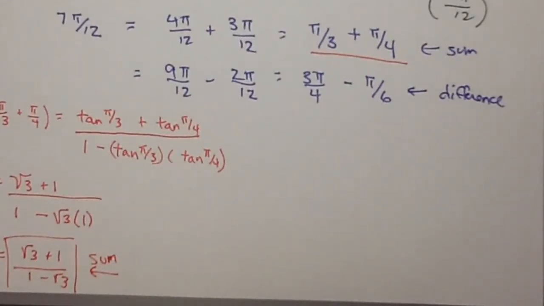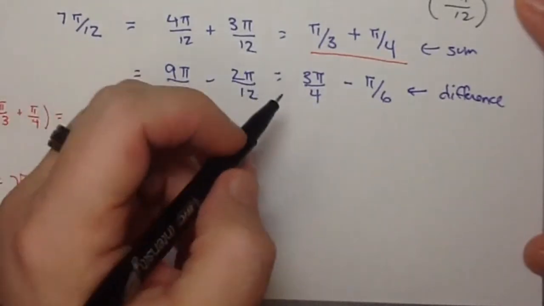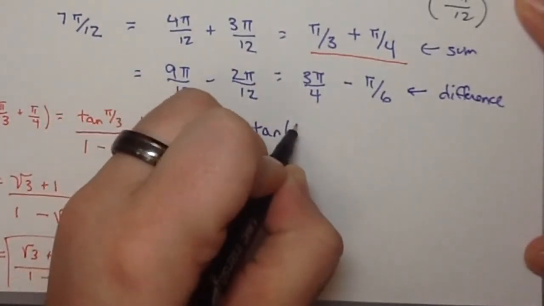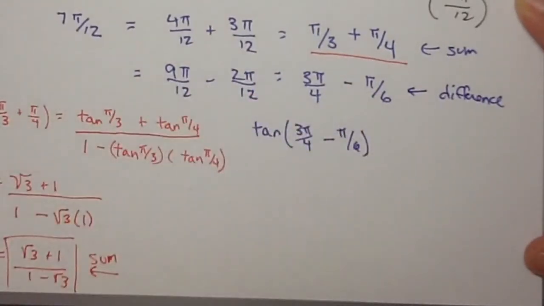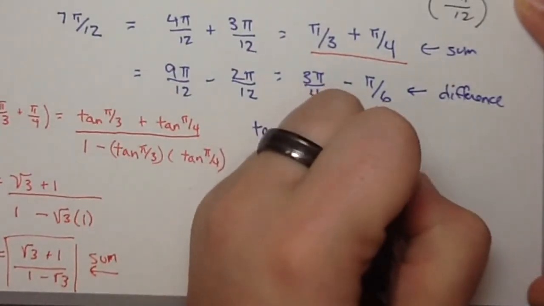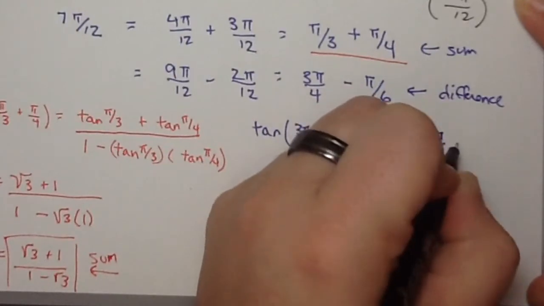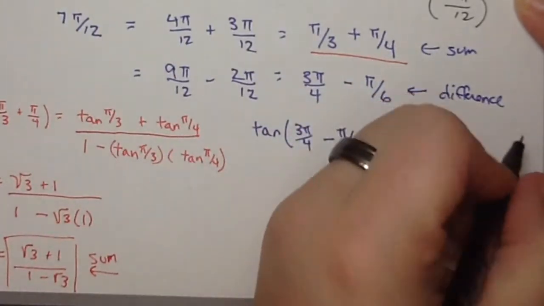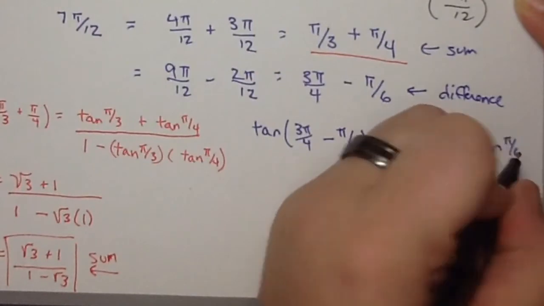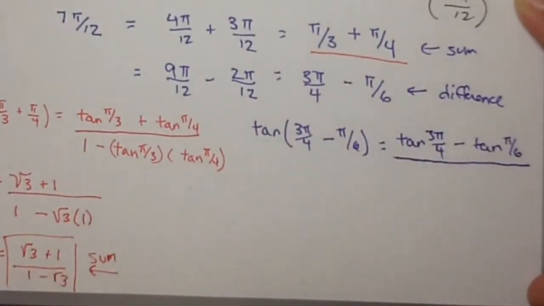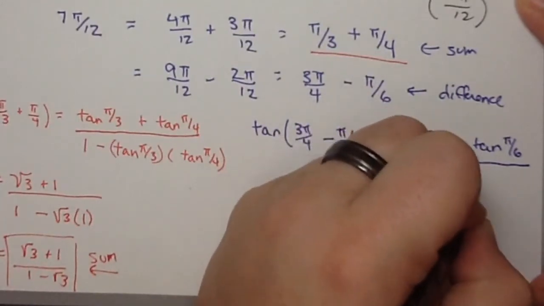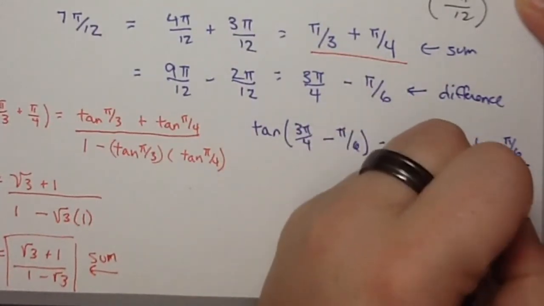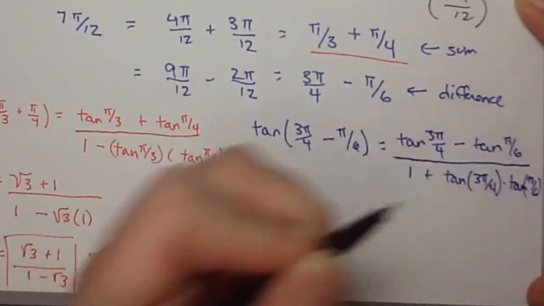So the difference formula says the tangent of 3 pi over 4 minus pi over 6 equals the tangent of 3 pi over 4 minus the tangent of pi over 6, all over 1 plus the tangent of 3 pi over 4 times the tangent of pi over 6.